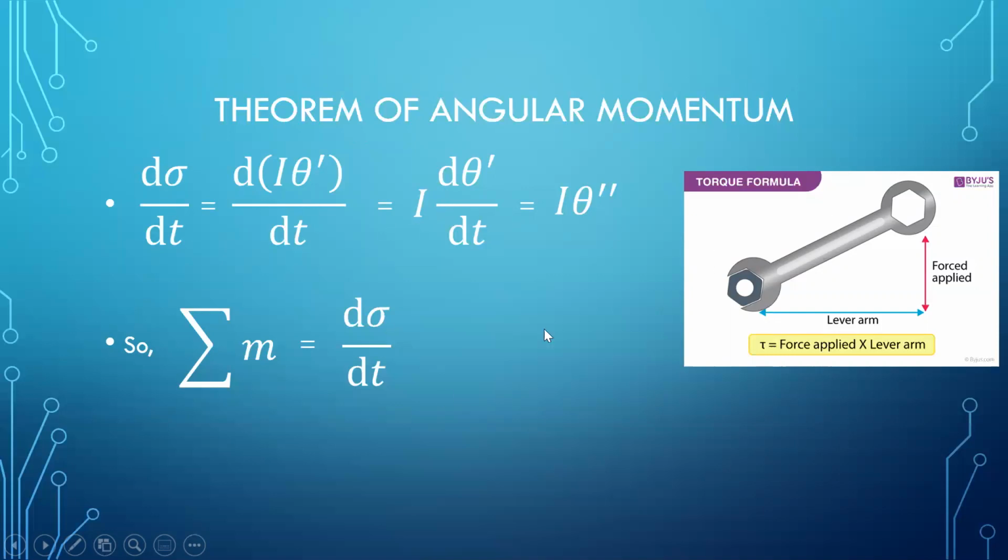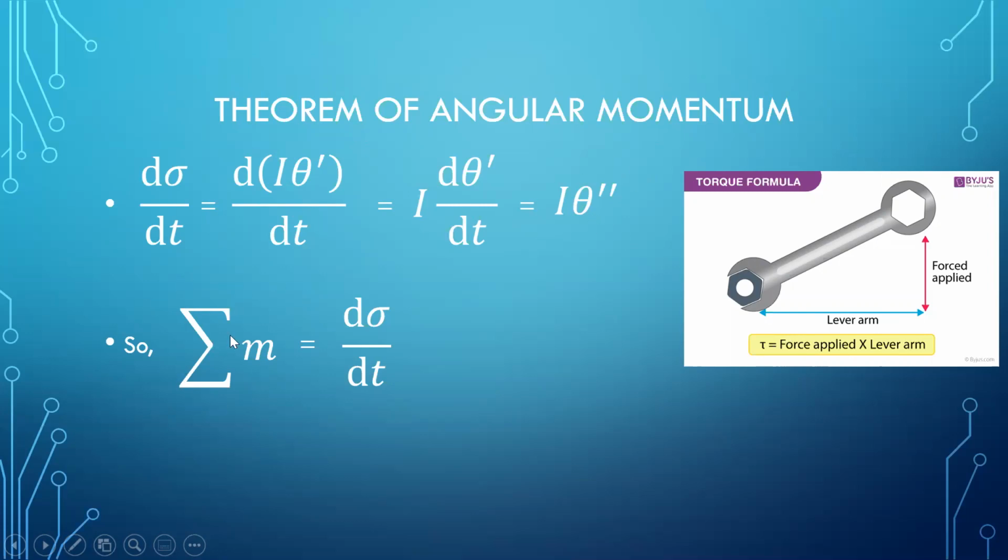Now the moment, let's discuss it before talking about this formula. The moment, or the torque, is the force applied across the lever arm. The lever arm is also known as the perpendicular distance to the force applied on the object. Now, if we find the first derivative of sigma, or the angular momentum, we can move step by step here, and we end up with I theta double prime, which is the second derivative of theta.